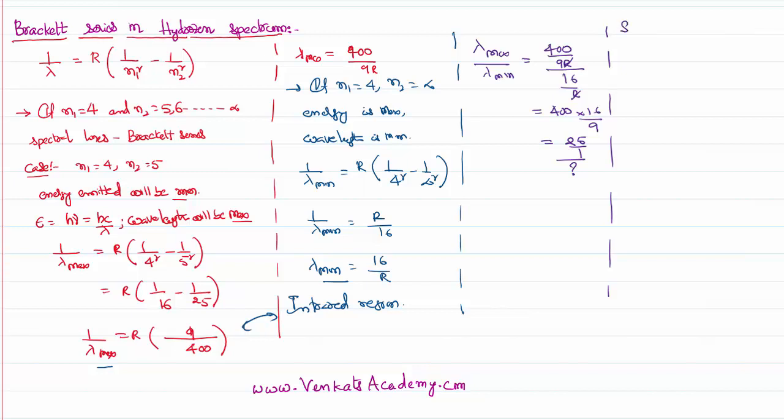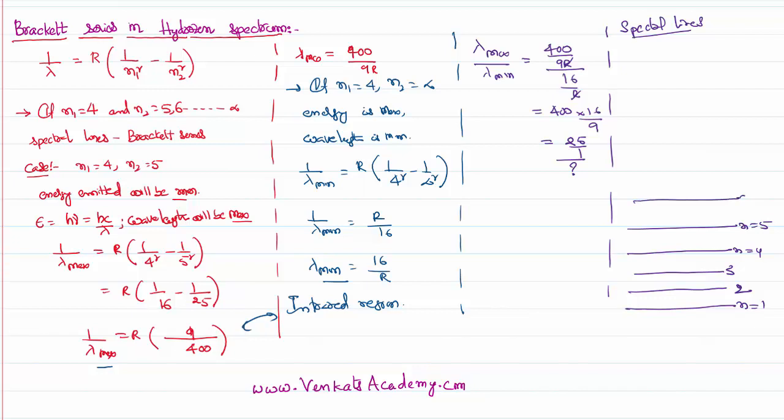If you draw the spectral lines, we can start with n equal to 1, 2, 3, n equal to 4, 5, 6, 7, and so on to infinity. If the electron jumps from the immediate orbit, lambda will be maximum and energy will be minimum.